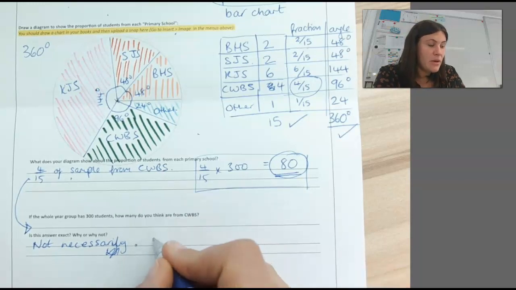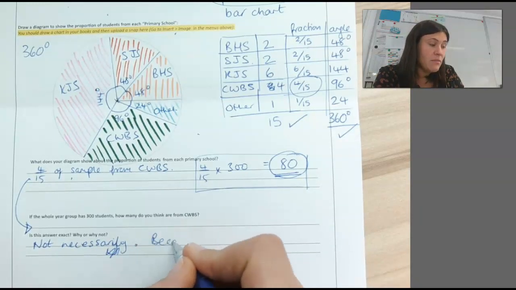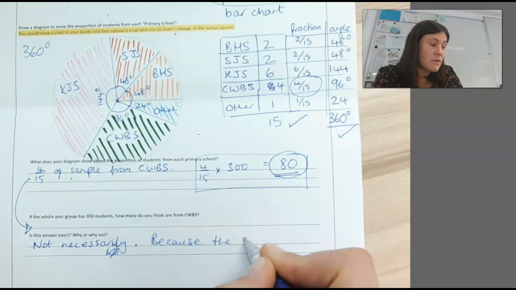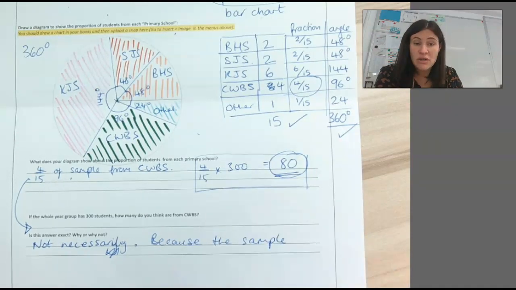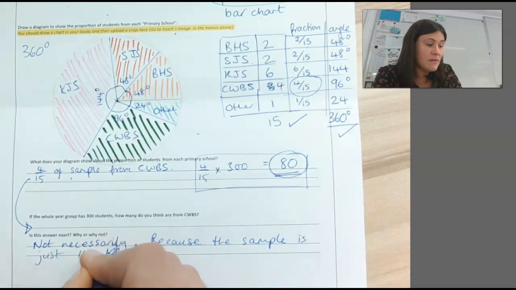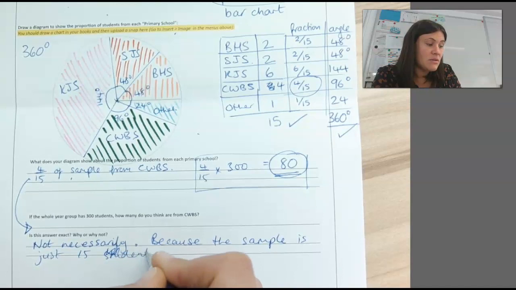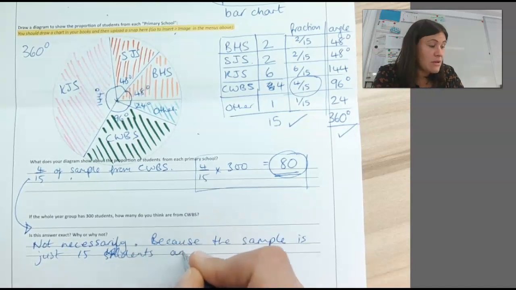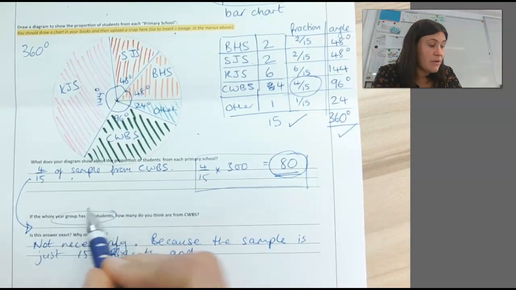Okay, so why or why not? Because the sample is just 15 students and might not have the same proportion as the whole year group.